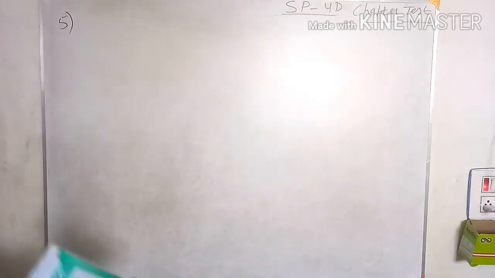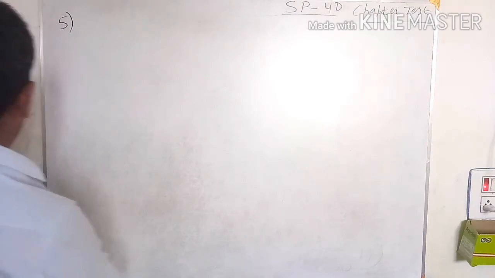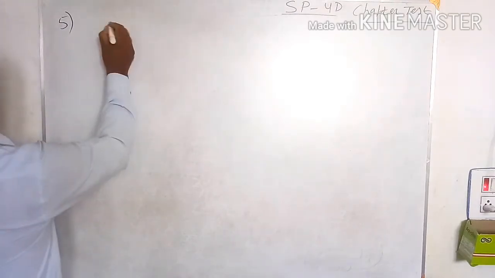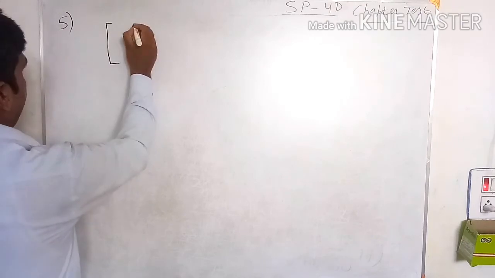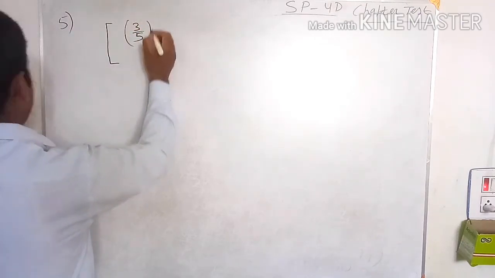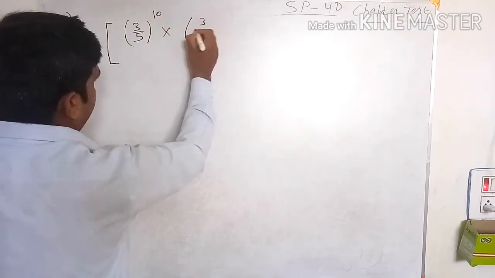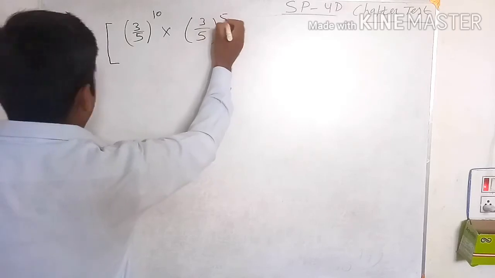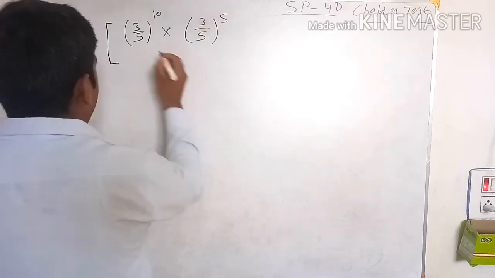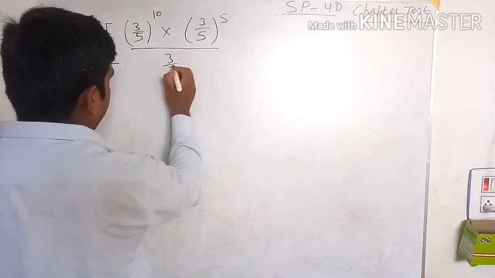See the question number 5. Question number 5 is evaluate. So we have to evaluate 3 by 5 to the power 10 multiplied by 3 by 5 to the power 5 upon 3 by 5 to the power 15.